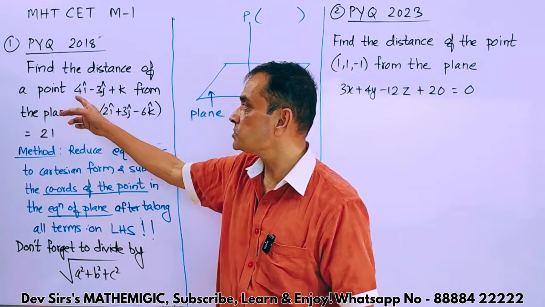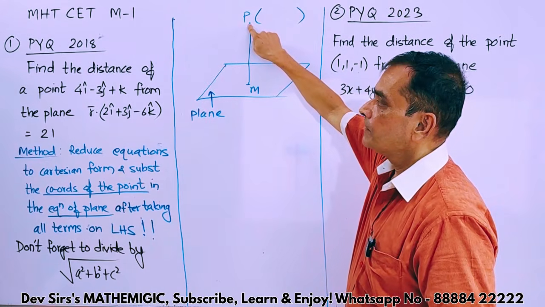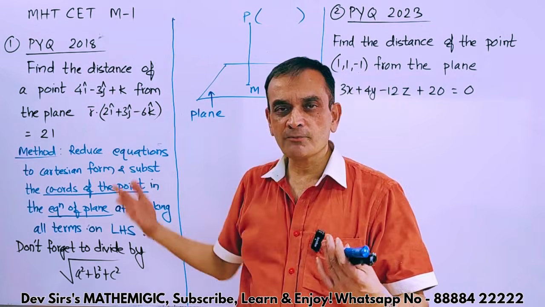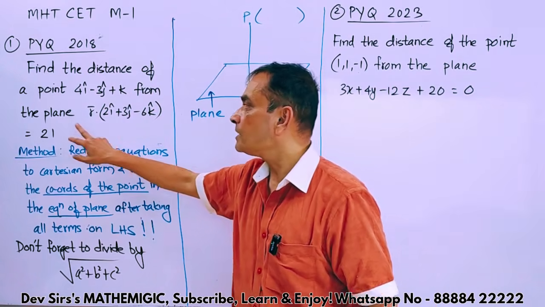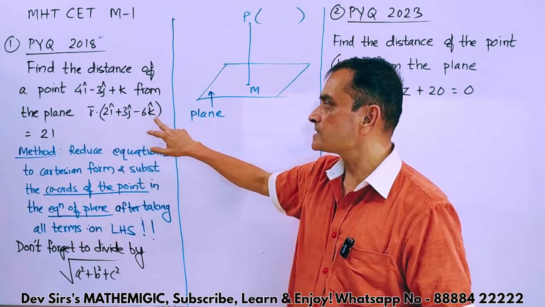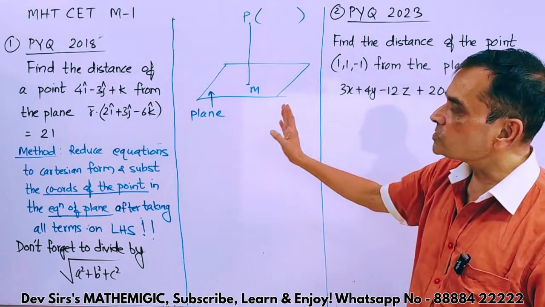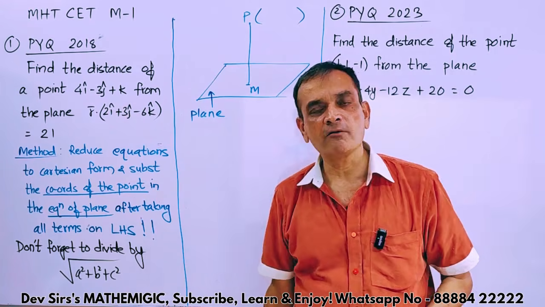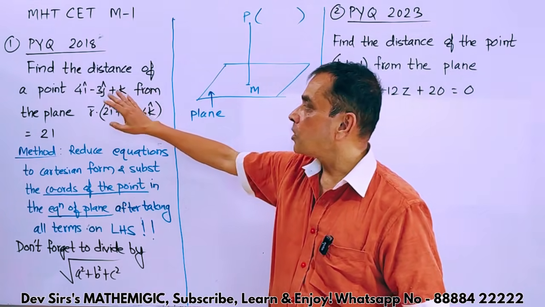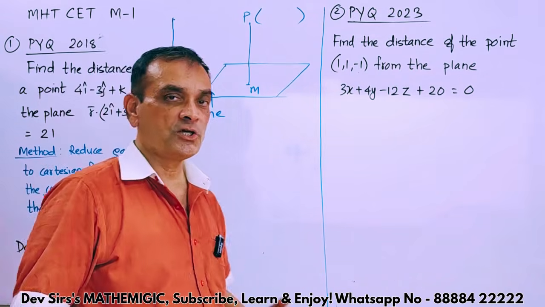This is the position vector of this point P, from the plane r dot 2i plus 3j minus 6k equal to 21. So the equation of the plane is given in vector form. Coordinates of the point are also given in vector form because it represents the position vector.